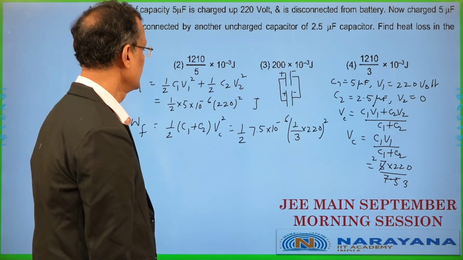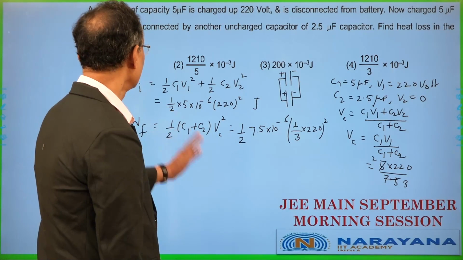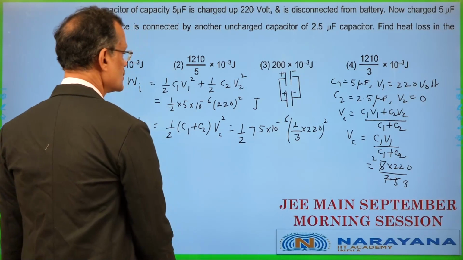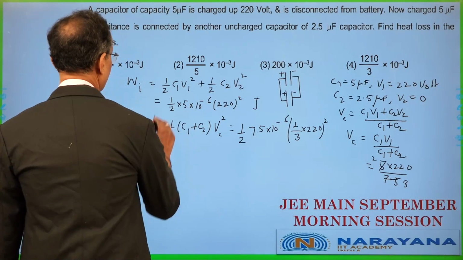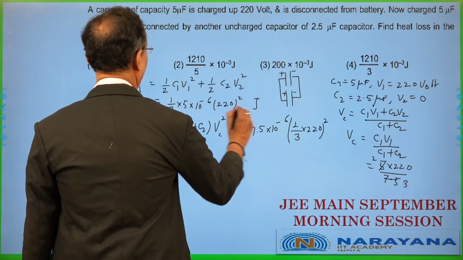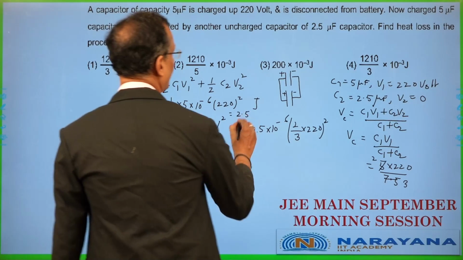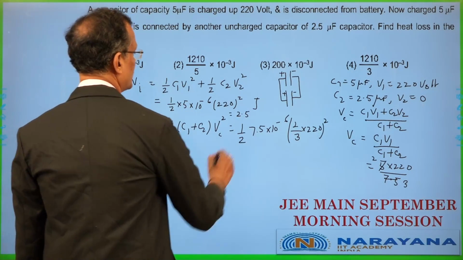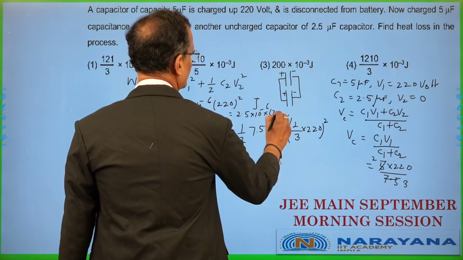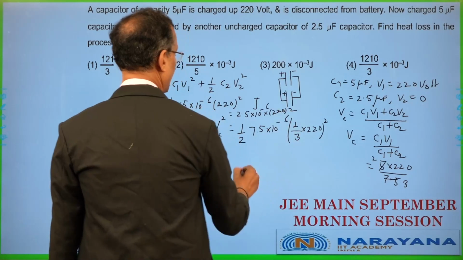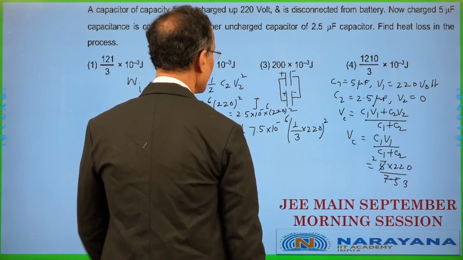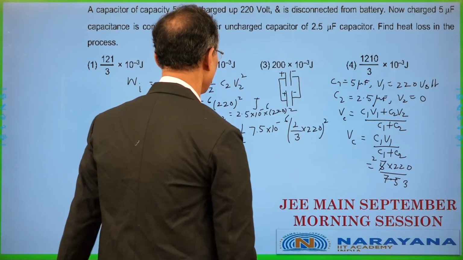Clear to you? Understood this? Now just subtract and your answer will come. Here it is 2.5 times 10 to the power minus 6 times 220 squared. Here 4 means 1, 2 will be left.